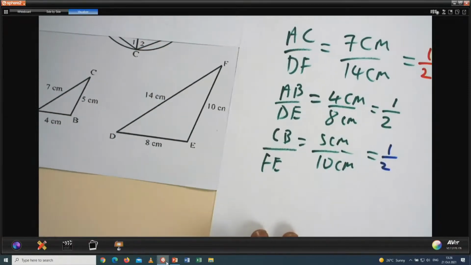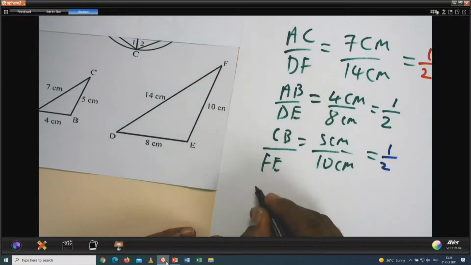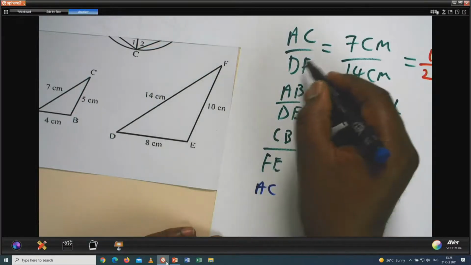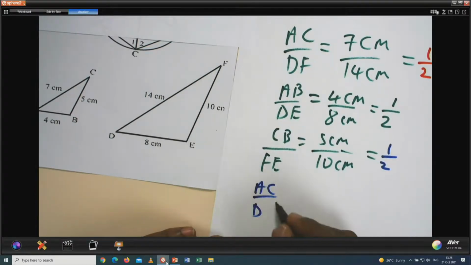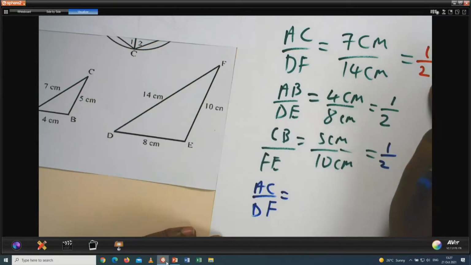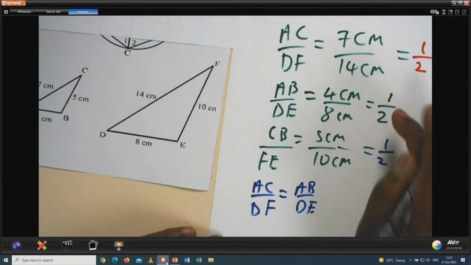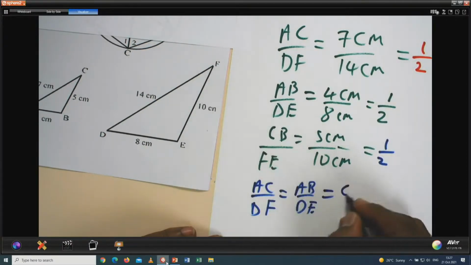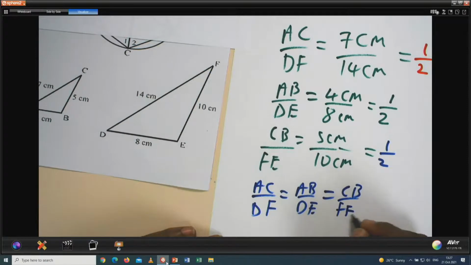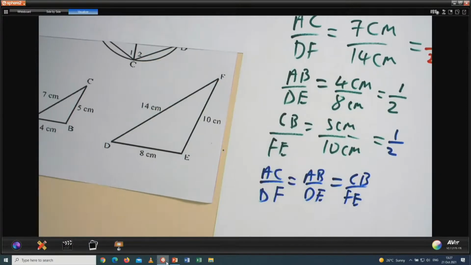So they are similar. Therefore, AC over DF, we agree, equals half, equals AB over DE, equals half, equals CB over FE, which is equal to half.